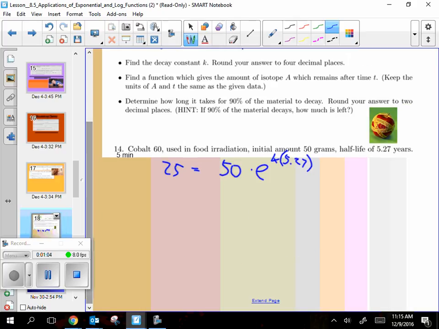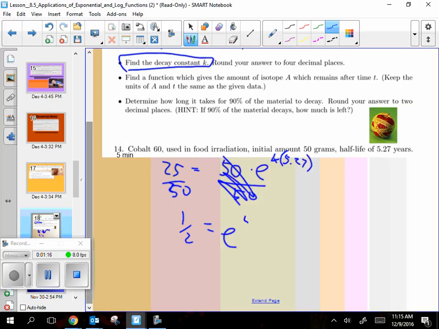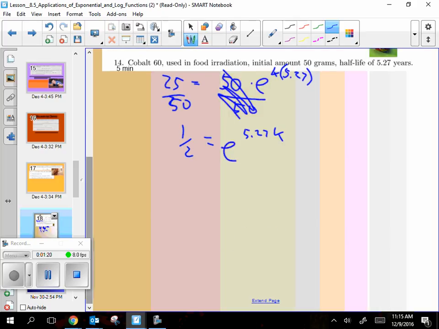Next, what you're supposed to do is to find k. So basically solve that thing for k. So then the first step is divide by 50, and then this is a half equals e to the 5.27k. Now how do I get that k fixed? This goes to our number one strategy, which is rewrite.